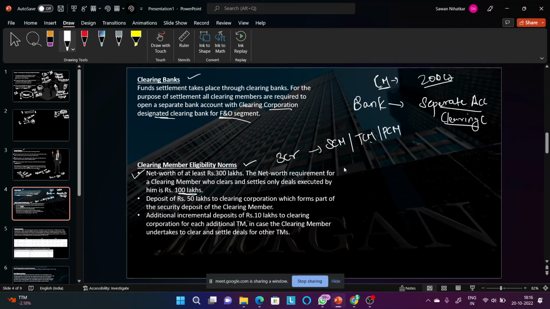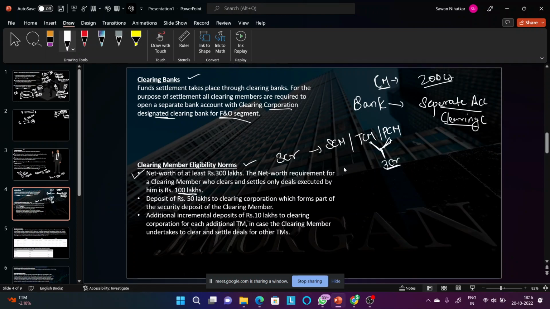These trading cum clearing members and professional clearing members are clearing trades on behalf of all other trading members. So they require a net worth of at least 3 crore rupees.